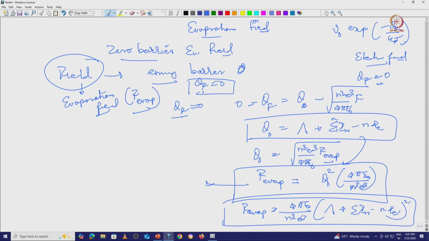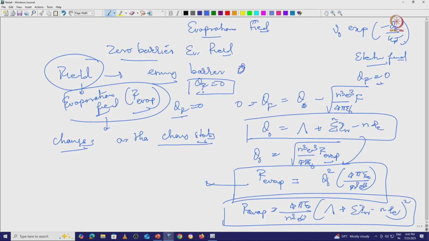Okay, so this is the field evaporation, and you can see that this evaporation field changes as the charge states. So it varies as the charge state for one element.